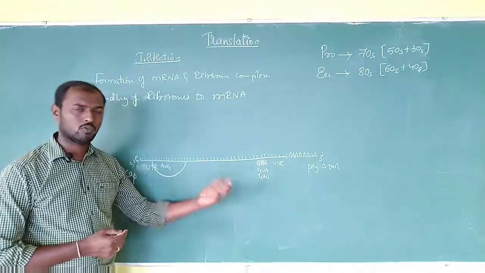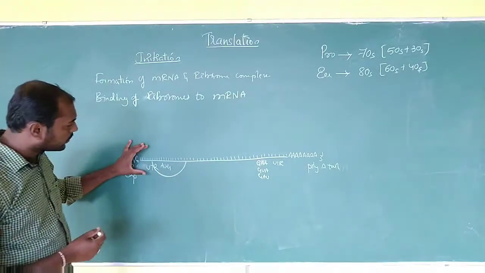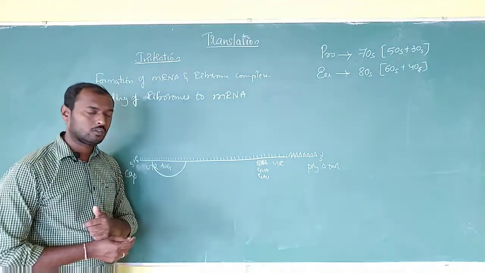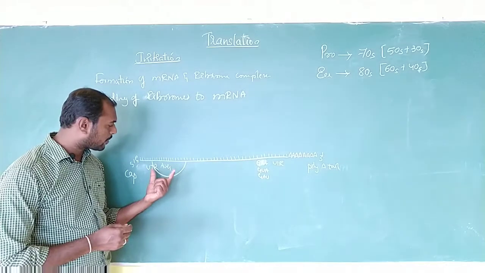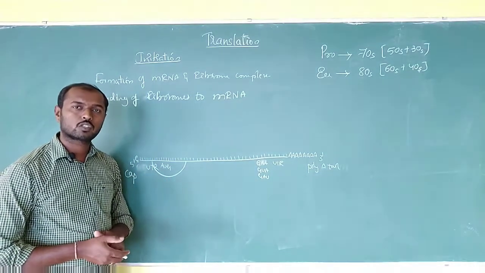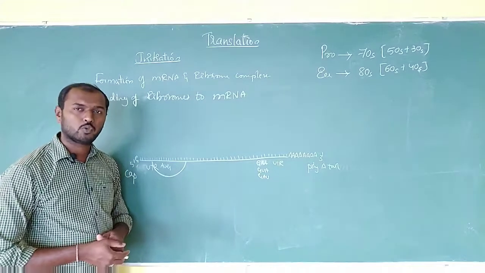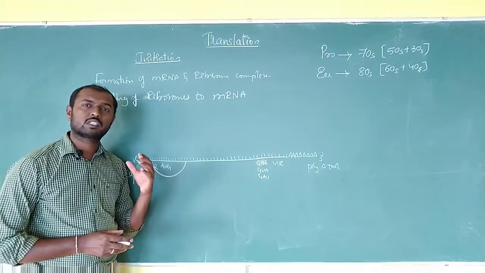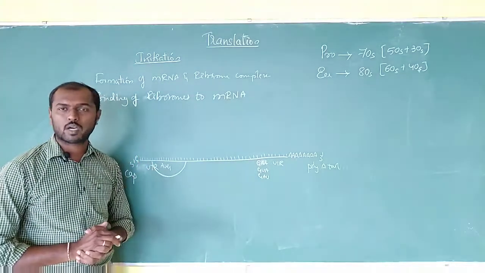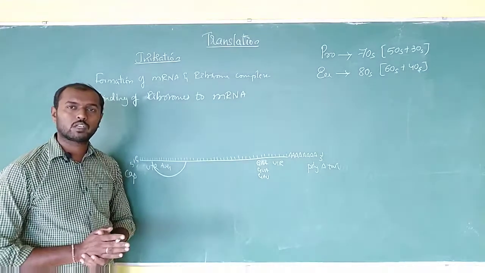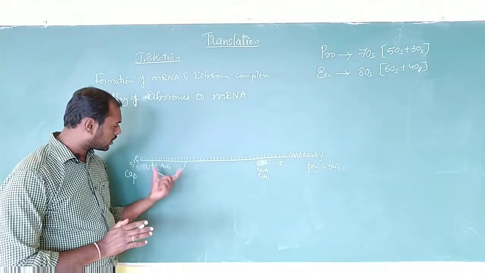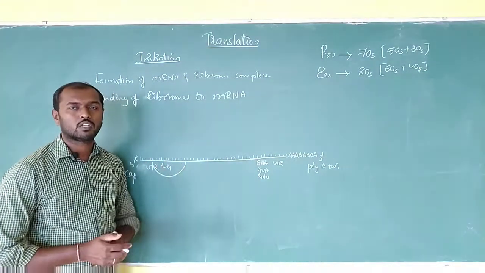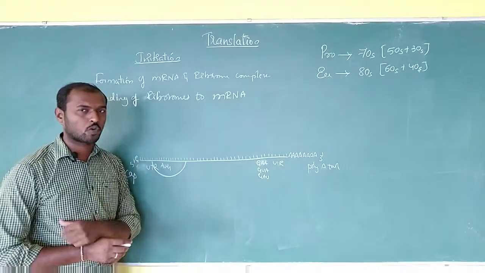Other work we do not need here. So initiation factors help in identification of the start codon and binding of the smaller subunit to the mRNA. Okay, so where there is a start codon, and in case of prokaryotes specific sequences are there in the mRNA. Those sequences help in identification of the beginning or cap region of the mRNA and binding of the ribosome smaller subunit.